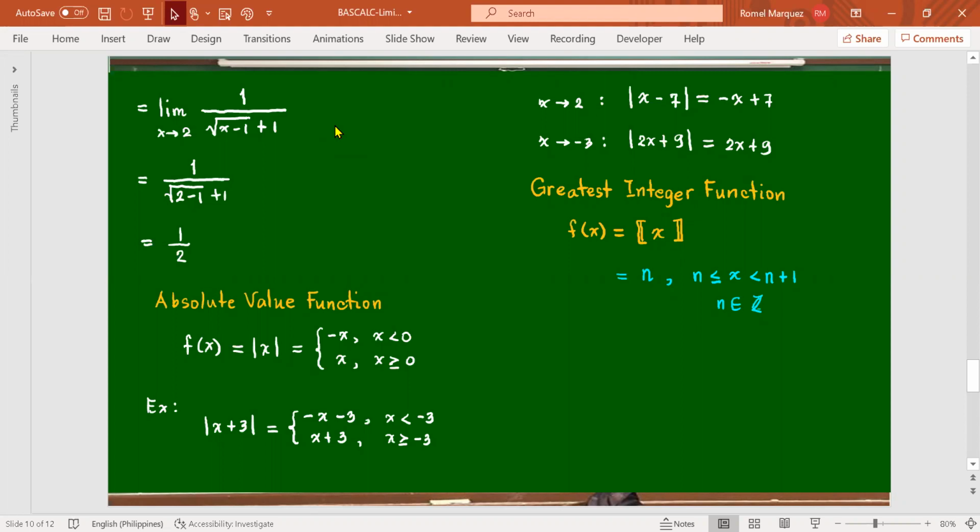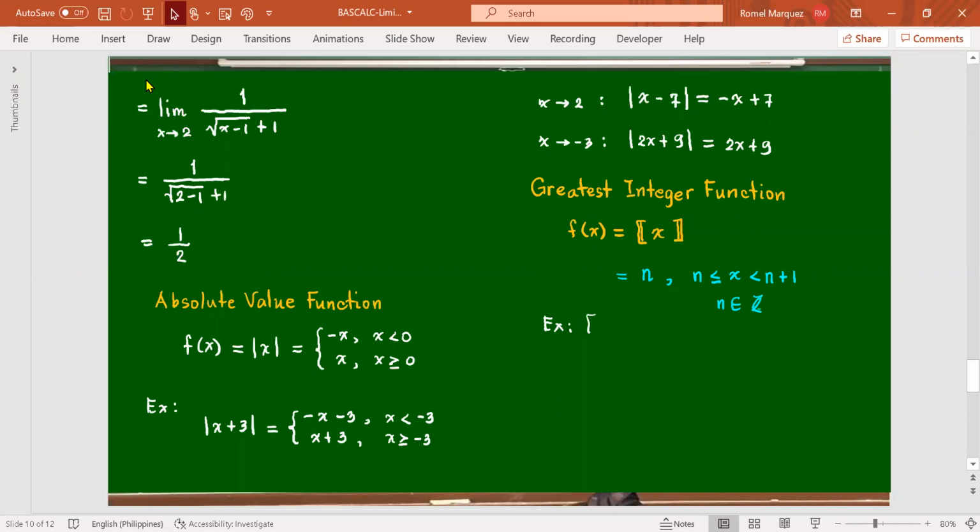Pero ang greatest integer ay equal saan? Sa n. So, equal siya sa 2. Okay? Kaya 2.5 equals sa 2. Kung itong in-enter nyo, equal pa rin sa 2. Is that clear, guys?